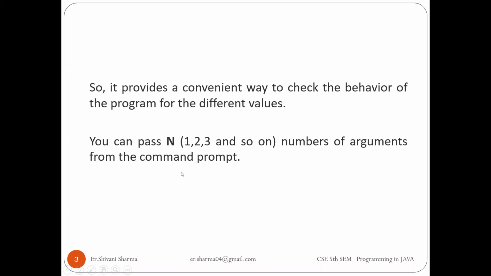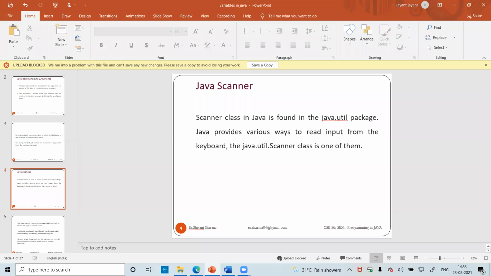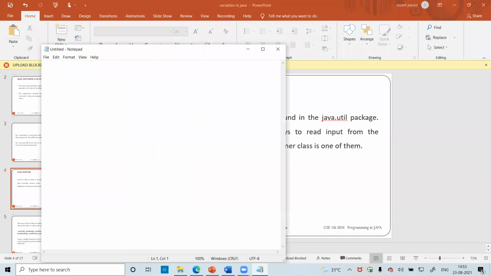Now I'm going to move to the editor and show how we can write the code for the command line argument. I'm going to write a simple basic program that displays something on the screen. First of all, we write the class keyword, then the class name, CommandLine.